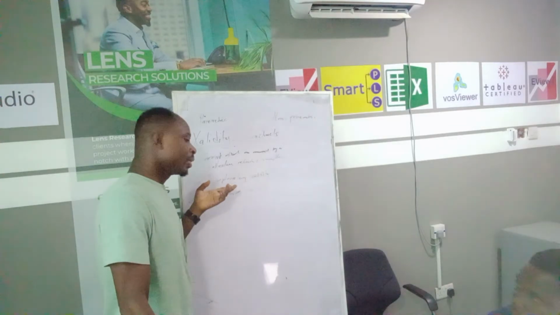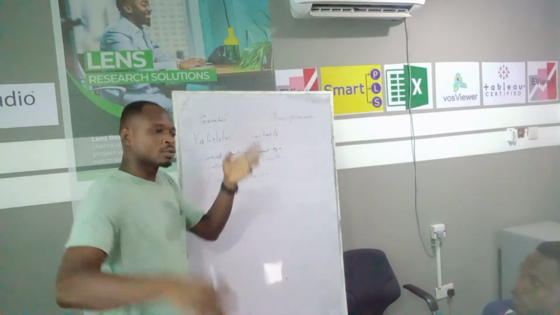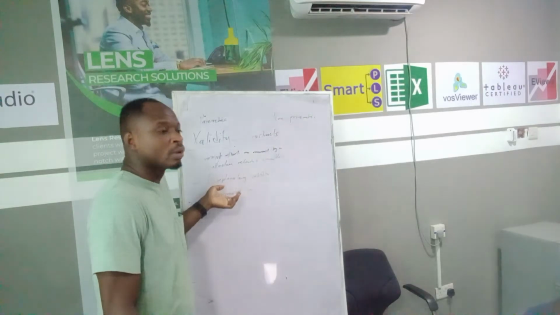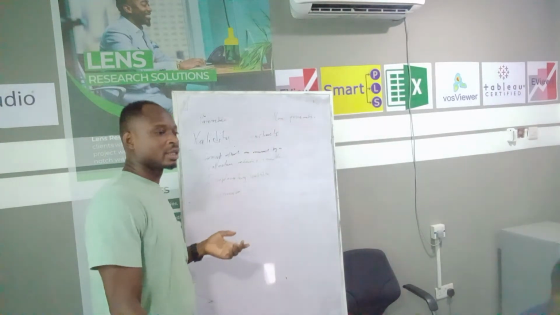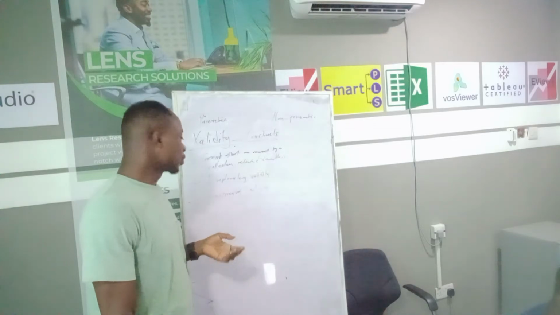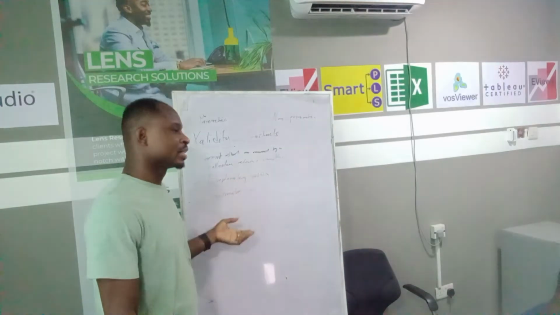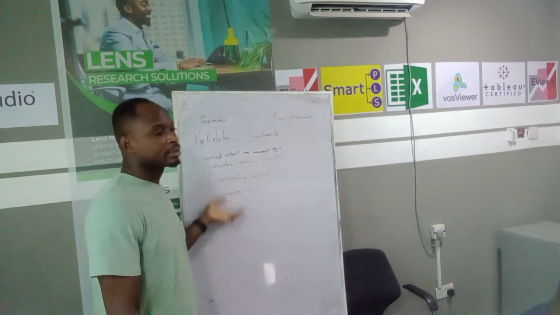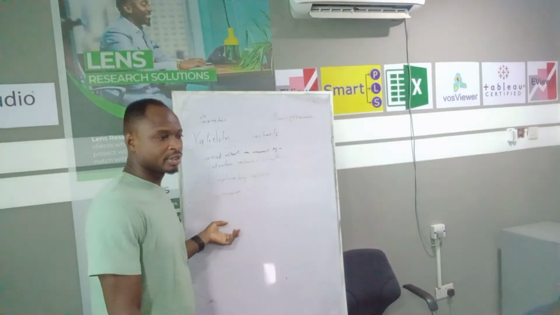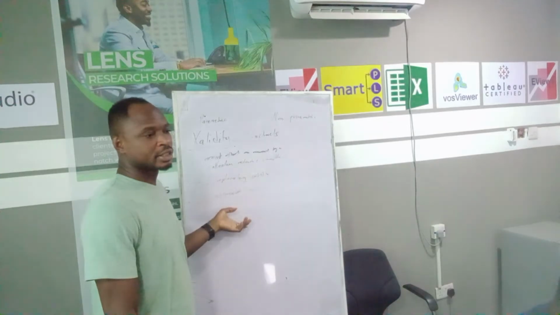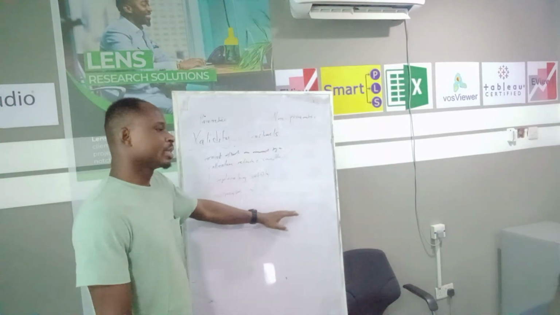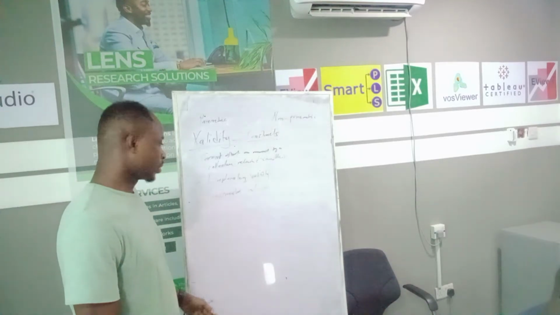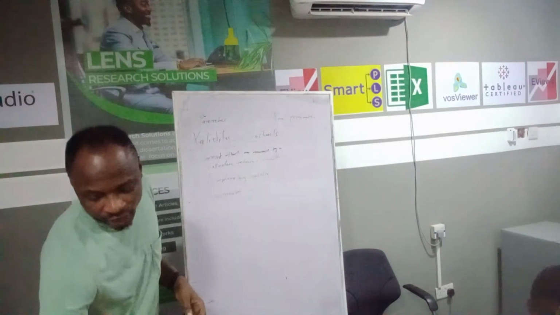But when it is finalized, and everything is okay, then you come back and do what we call confirmatory factor analysis. So these are the two main validities that we are going to talk about. And we have approaches in estimating this kind of validities in SPSS. So that is what we want to have a look at.